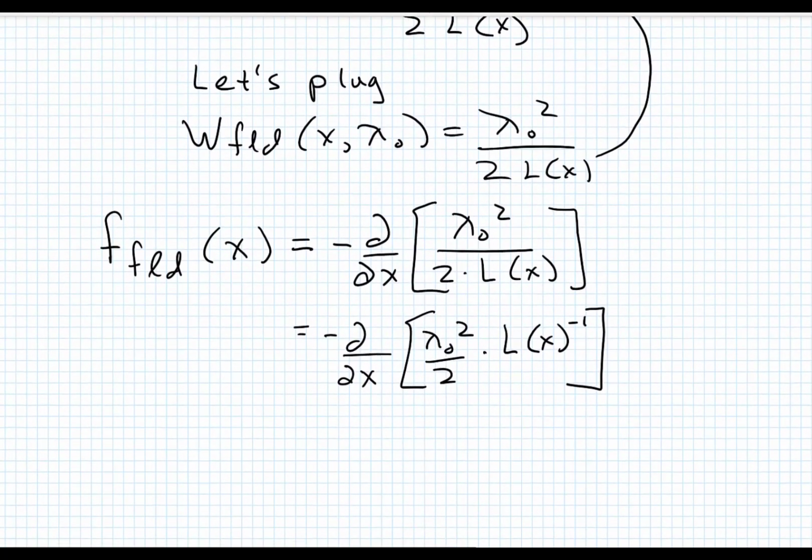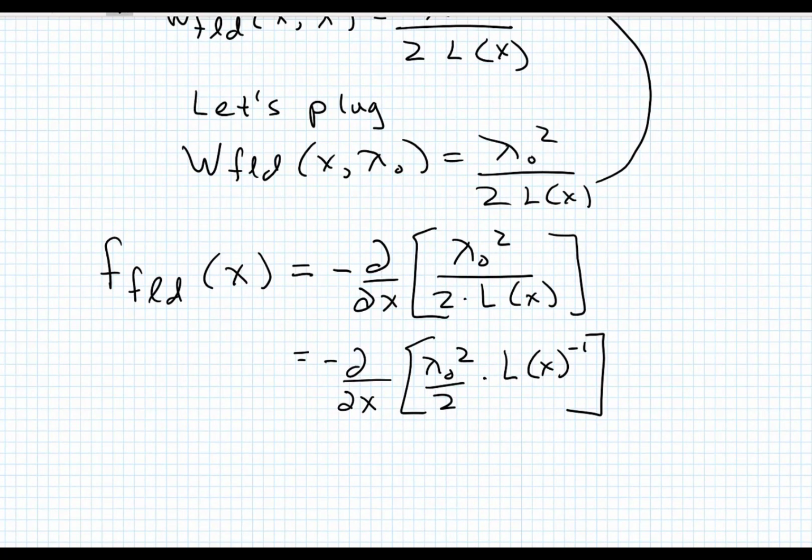Just to spell this all out, the basic derivative ends up being this. This lambda naught squared over 2 comes out, and you end up with the derivative. This is a general expression of the inductance with respect to x.